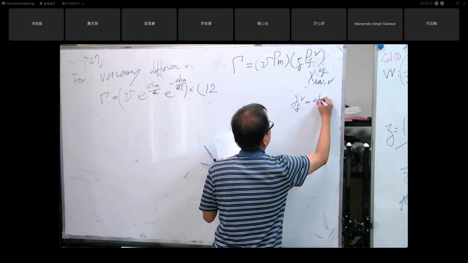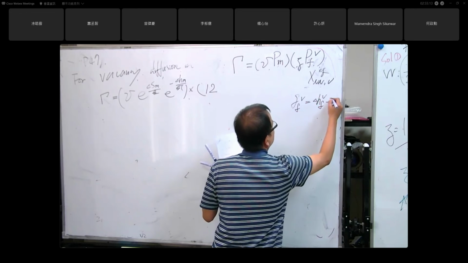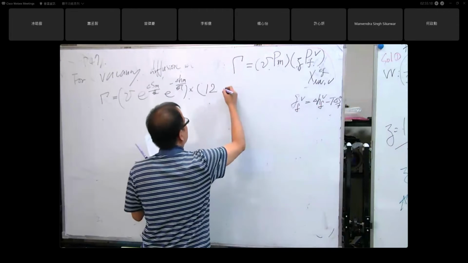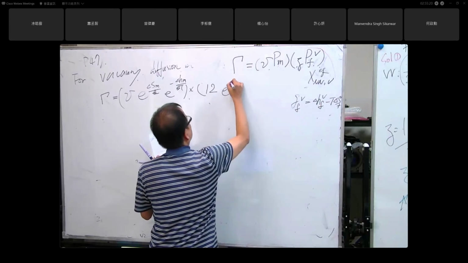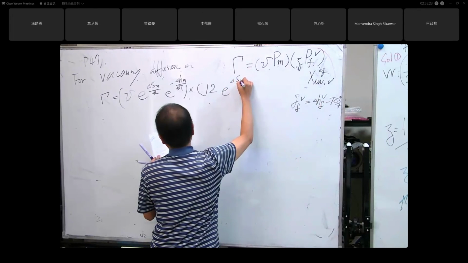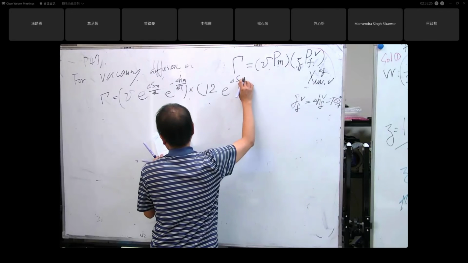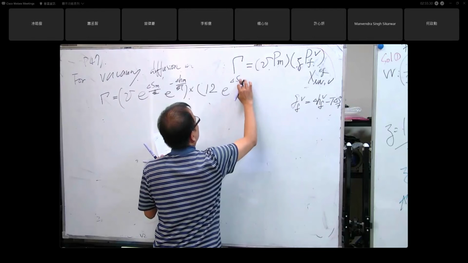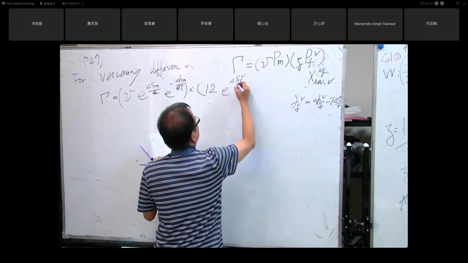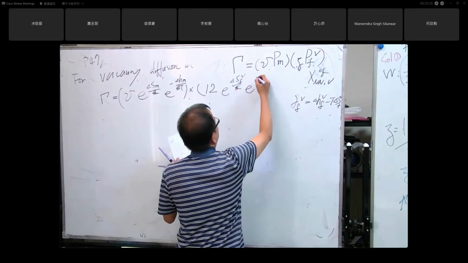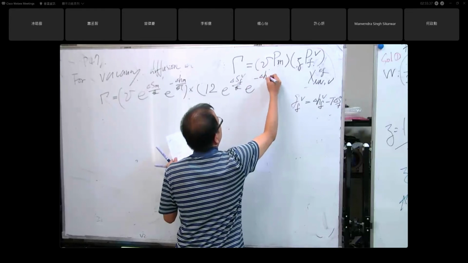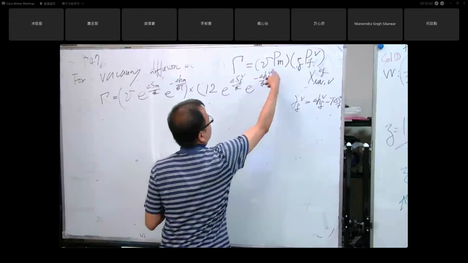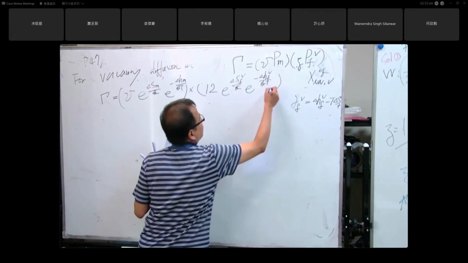And of course, that's delta H_FV subtracted by T delta S_FV, and put it in. This is the formation: exp of delta S_FV divided by k, times exp of minus delta H_FV divided by kT. The physical meaning is always the same.